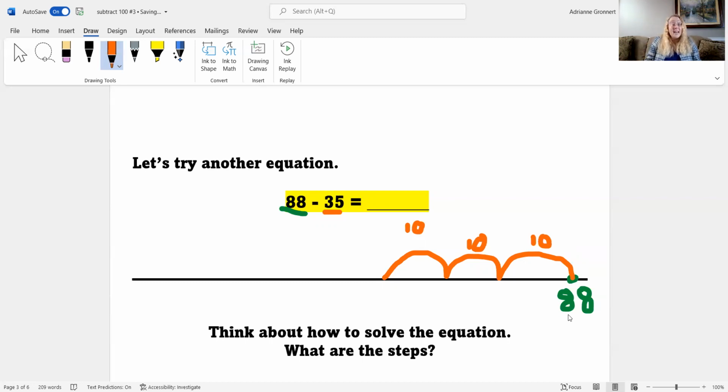Okay, here we go. I'm at 88. I'm going backwards 10. That lands me on 78. You got it. And backward 10 more lands me on 68. Yes. And then backward by 10 lands me on 58.